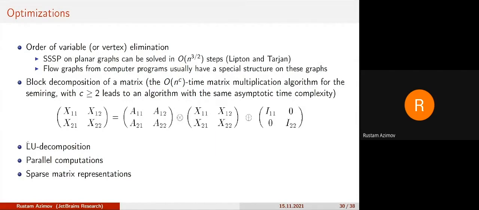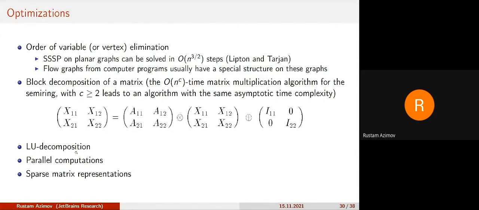It just decomposes your matrix into a lower triangular matrix L and an upper triangular matrix U, and solves some equations, and then the result is just the multiplication of these two matrices.